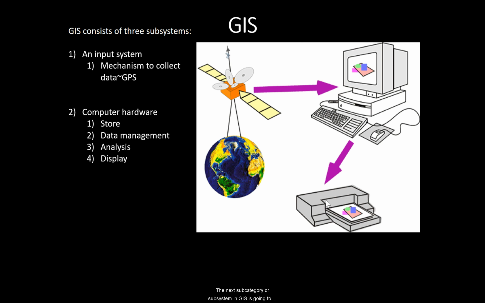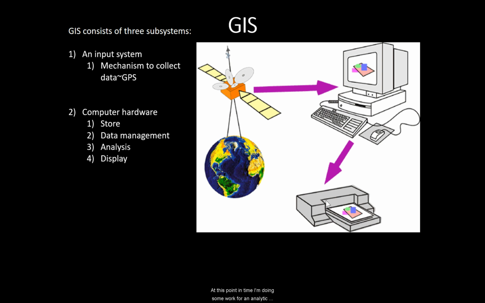Okay, the next subcategory or subsystem in GIS is going to be your computer hardware system. And this allows for you to store the data, allow for the data to be managed, allow for analysis to happen here, and then allows for the user to display the results of the data itself.